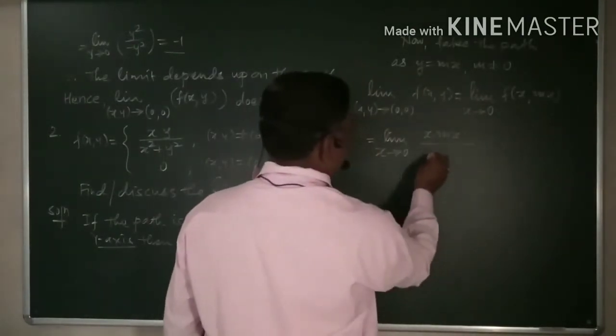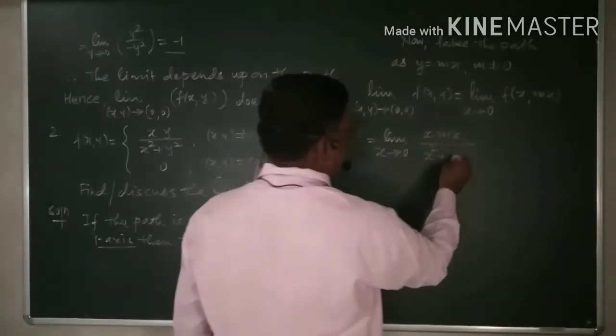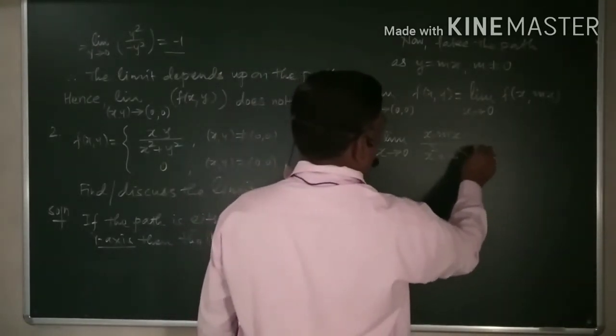Therefore, x into y is x times mx, divided by x square plus y square, which is m square x square.